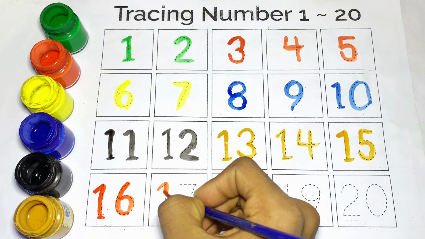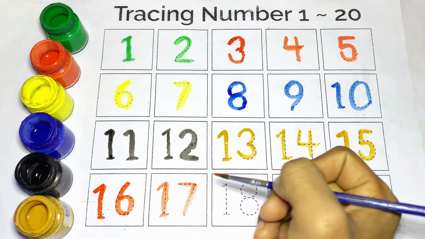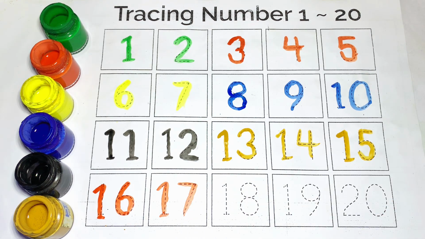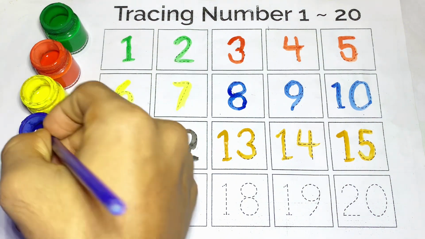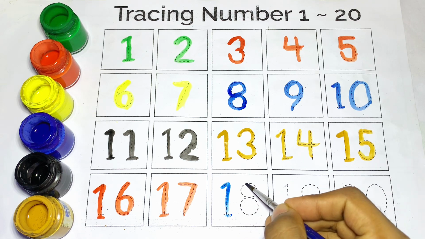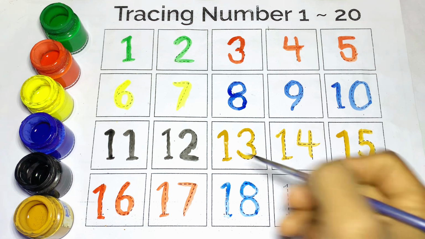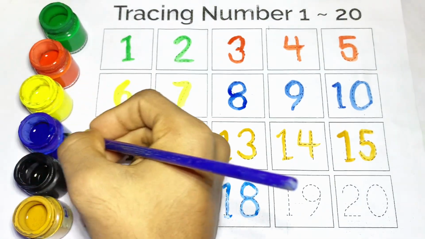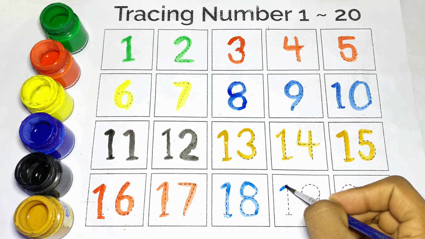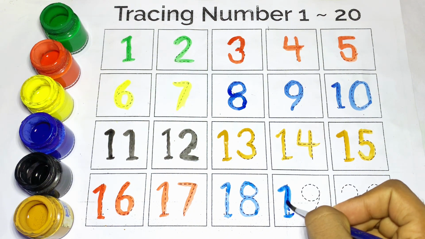17, the numbers of 17. Kids, now draw 18, the numbers of 18, and use blue color. Kids, again use blue color and draw 19, the numbers of 19.